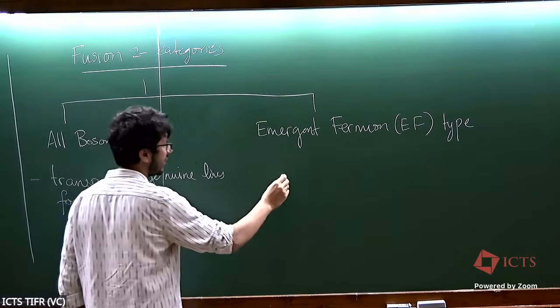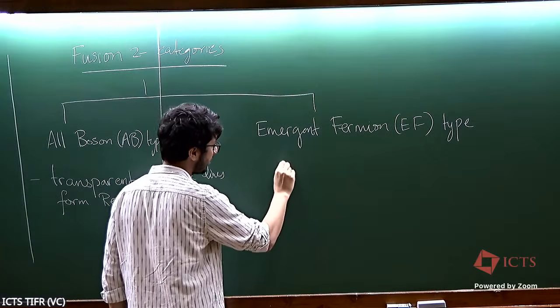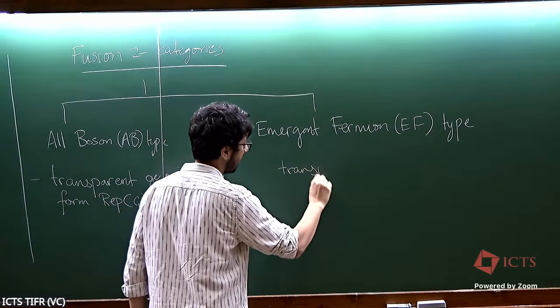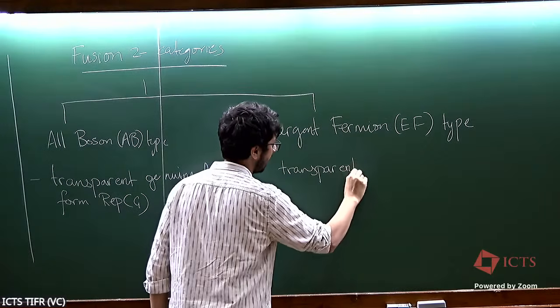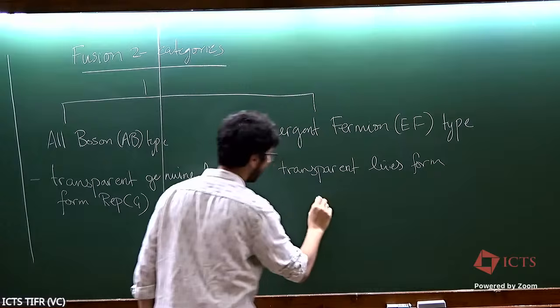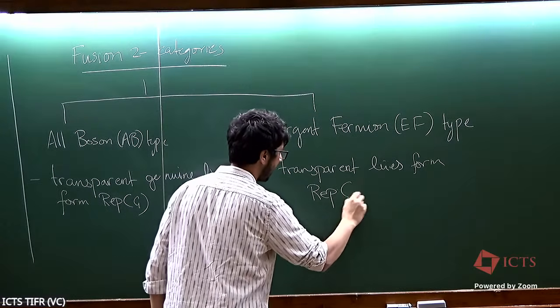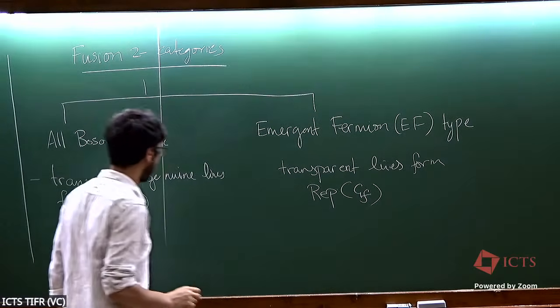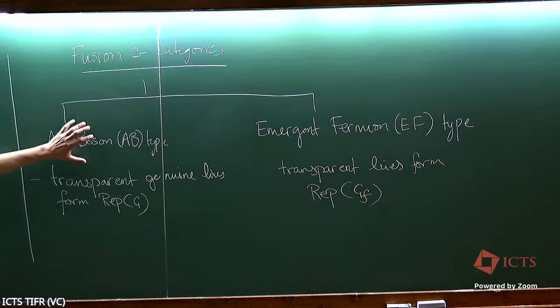And for the emergent fermion type fusion categories, the transparent lines form rep of a supergroup. So I'm going to be focusing on this kind of fusion categories today.